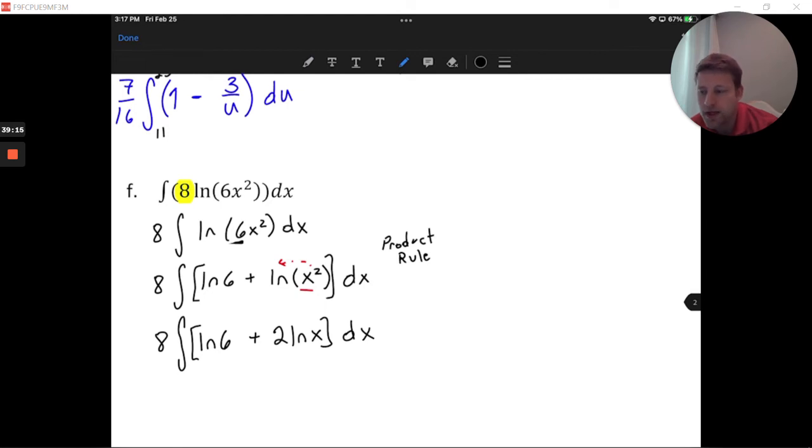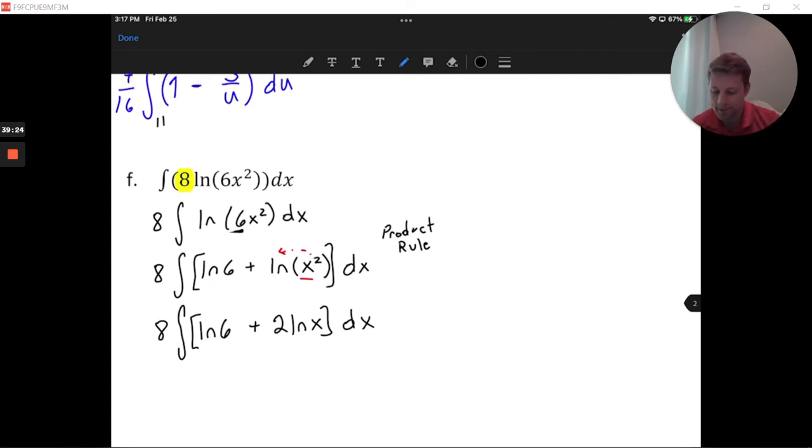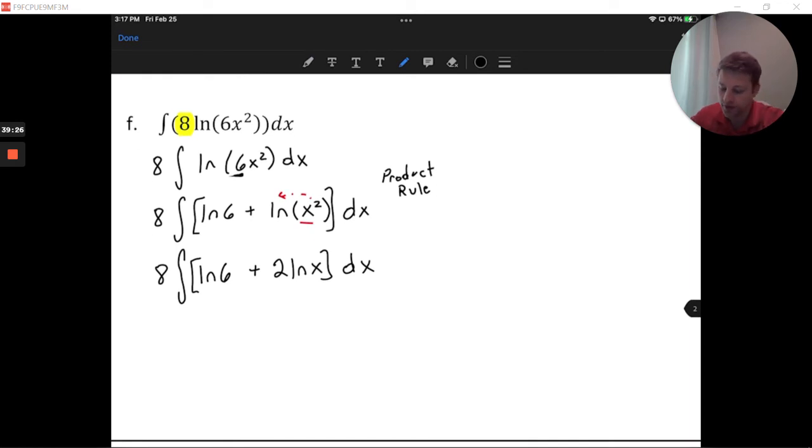All right, so let's consider next how we would take the antiderivative of these 2 remaining terms. We can start with, again, that constant 8. We're going to keep that coming along.